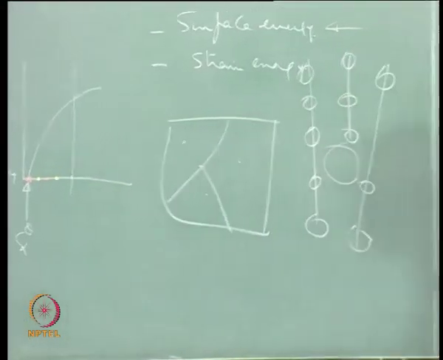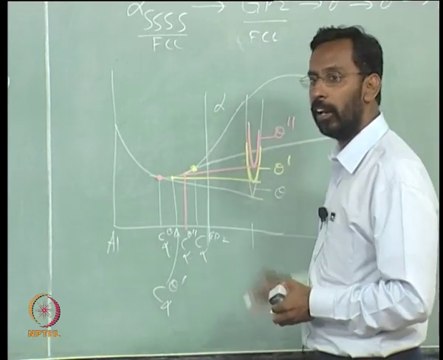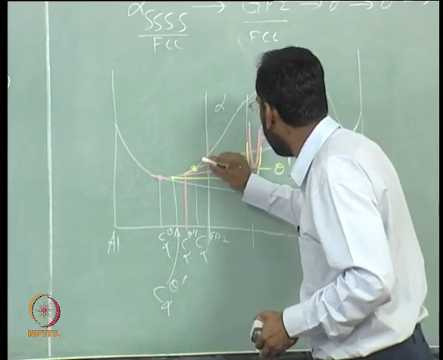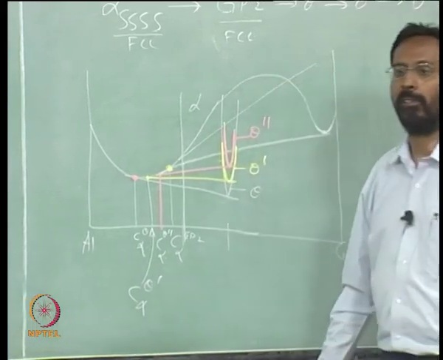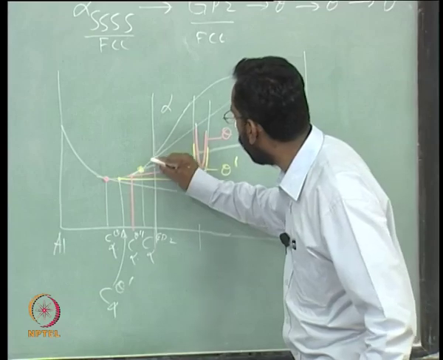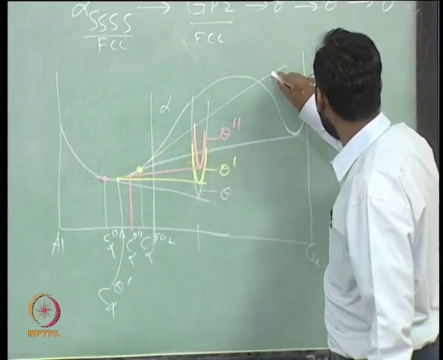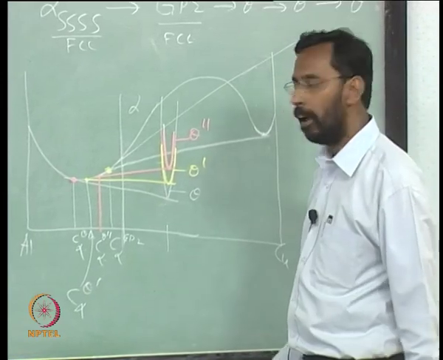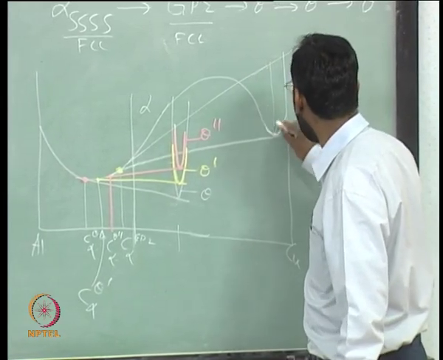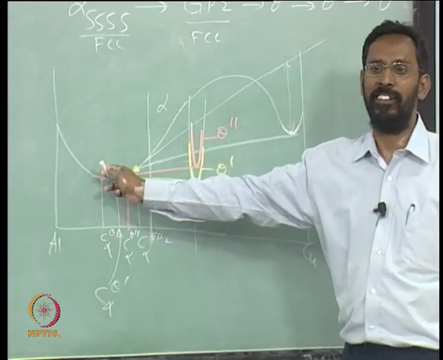What comes out depends on where the tangent intersects when I draw a tangent for that particular alloy. That is what is going to decide. Once I draw a tangent for that composition, you will see that this tangent goes like this, and the driving force is decided by this now, not with respect to alpha.